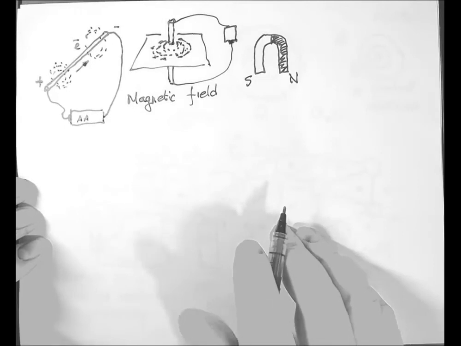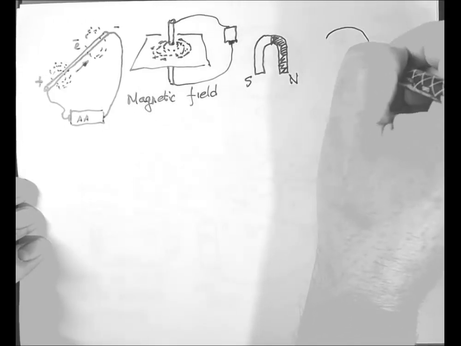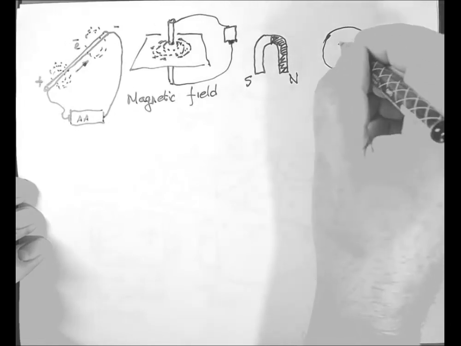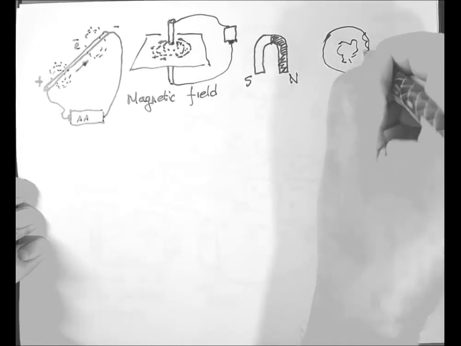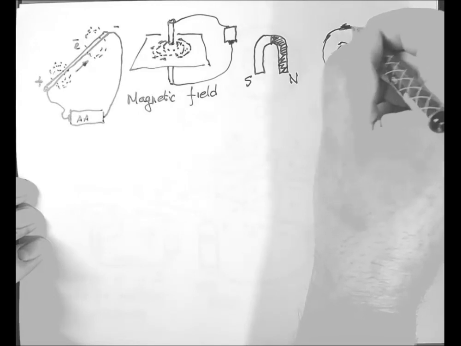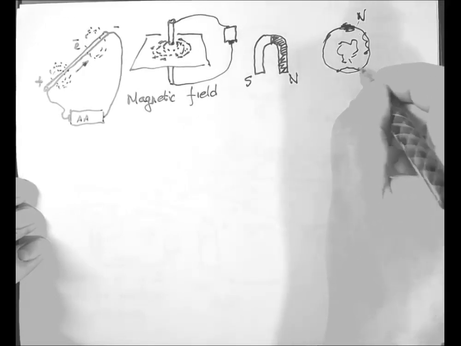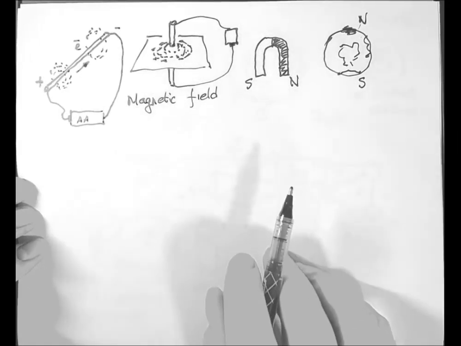Why so? Because the planet Earth also has a magnetic field, because the internal part of the planet is iron. So the North Pole has the magnetic field at the north, and the South Pole is in Antarctica. So it's the same as a huge magnet.